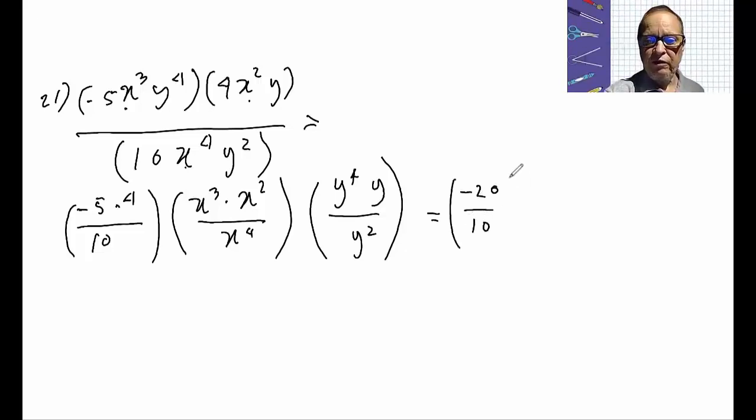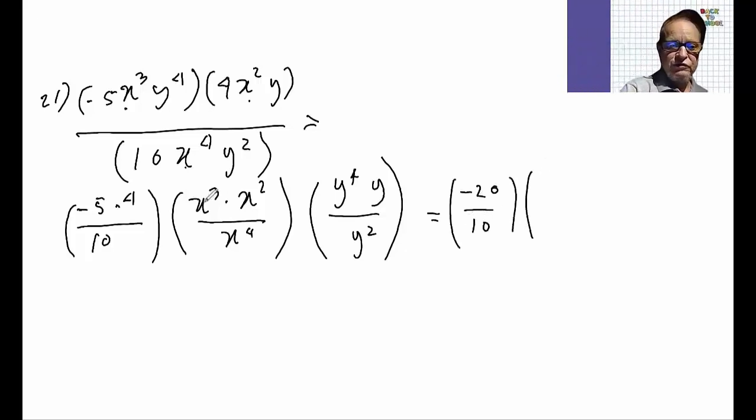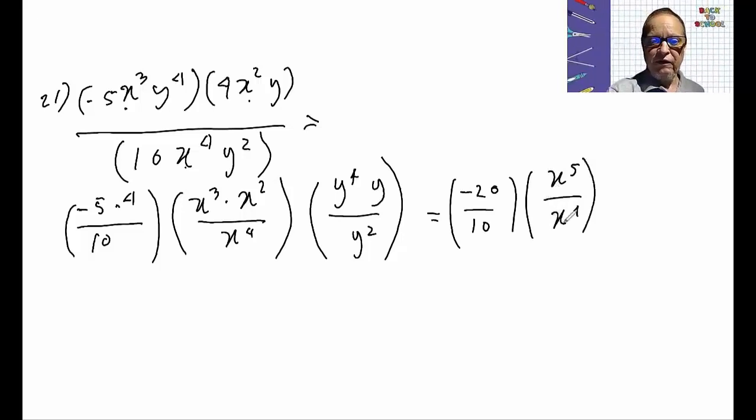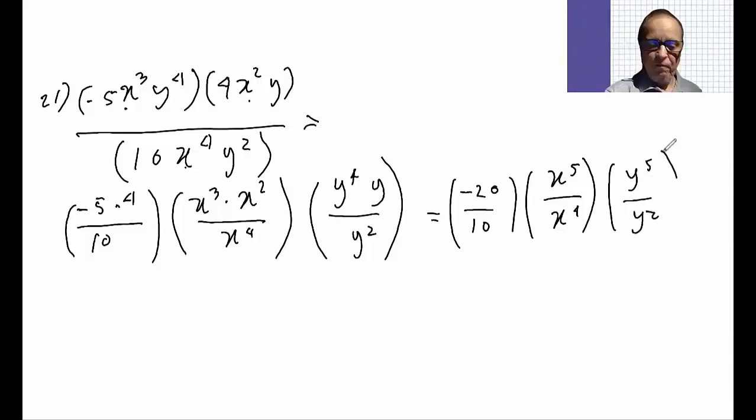So I'll do my product rules first. So I have x to the 3rd, x to the 2nd. So I add those up. So that means I get x to the 5th over x to the 4th. And I have 4 plus 1. So I'll have y to the 5th over y squared.